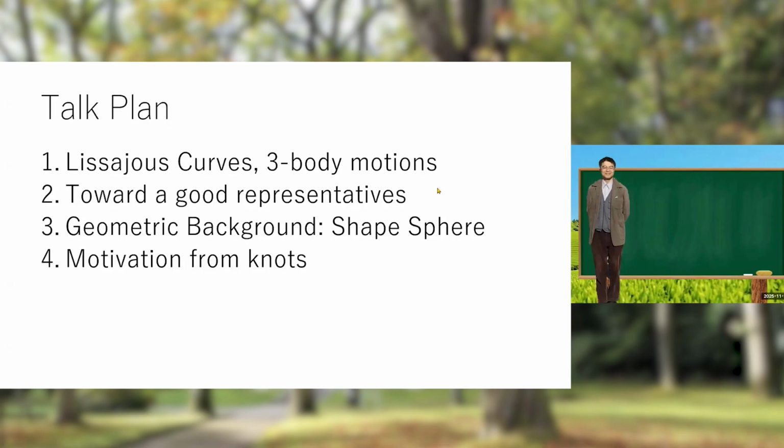In the second section, I'd like to explain how we obtain a good topological representative for these motions. In the third section, I explain the geometric background, the so-called shape sphere. It's the sphere minus 3 points. And if time allows, I would like to talk about the motivation of our work from knot theory.